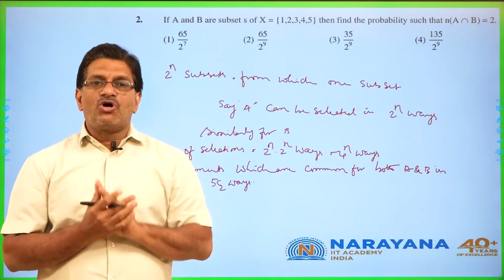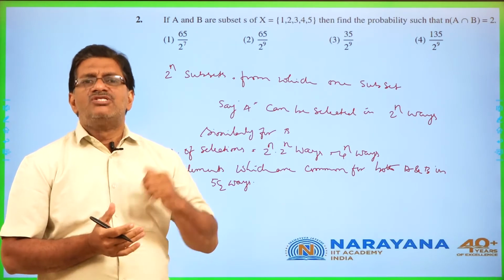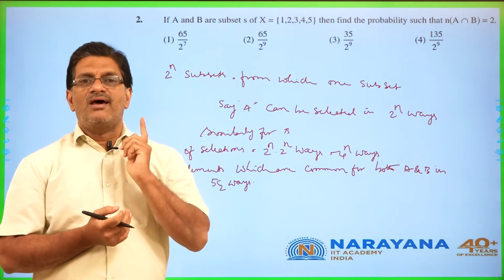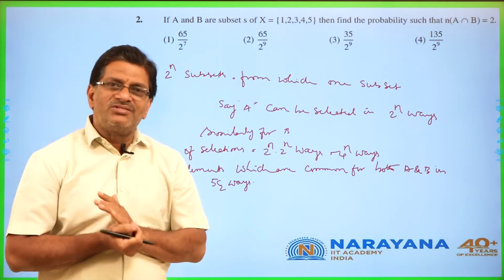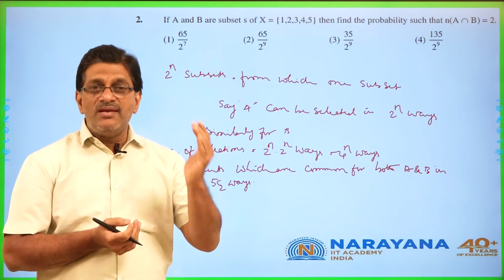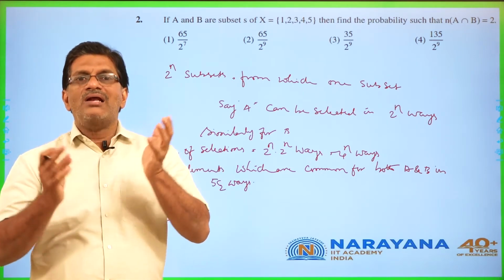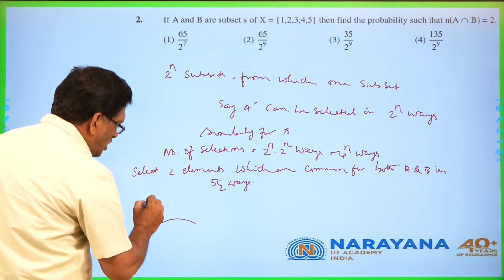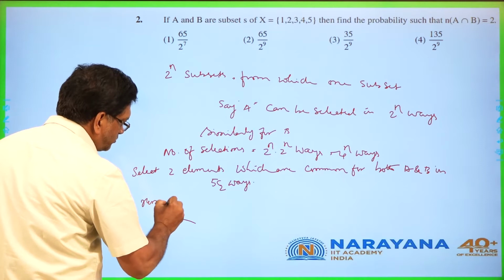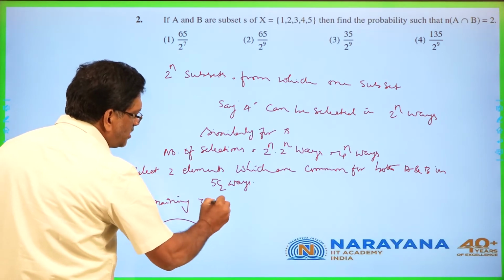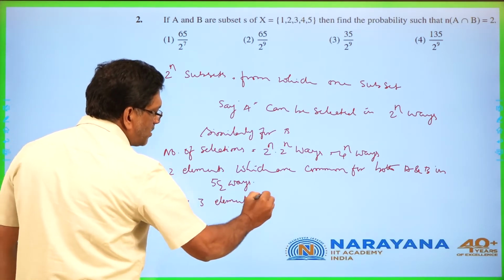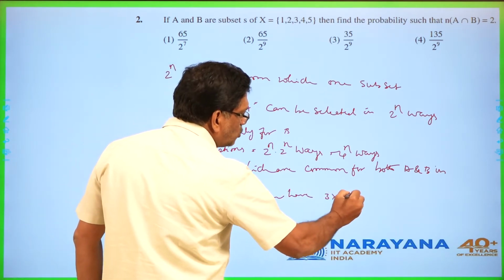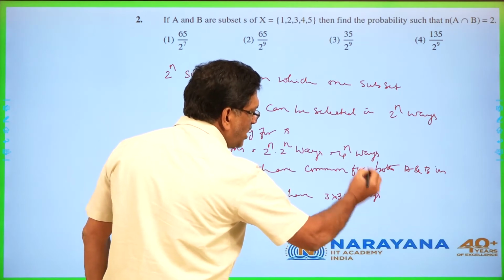Now we are left with three more elements. For each of those three elements, there are three possibilities. What are the three possibilities? That element may be in A, may be in B, or it can be simply excluded. It can be left over. So the remaining three elements can have 3 into 3 into 3 ways.